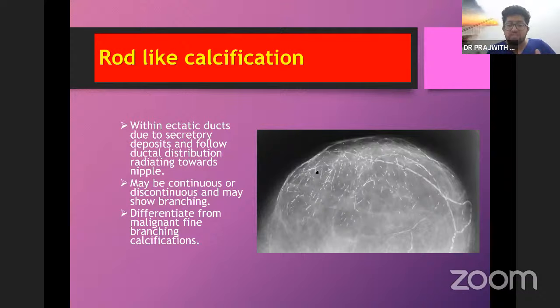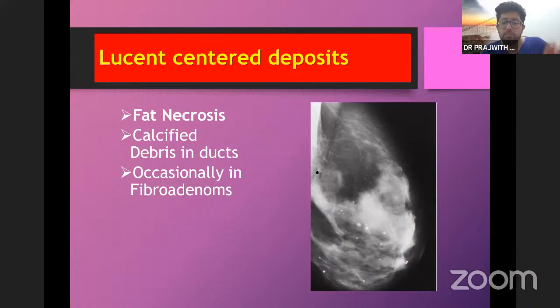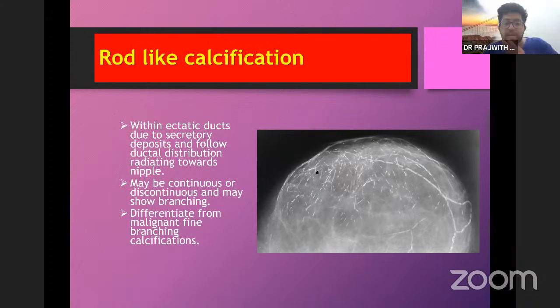Rod-like calcification, branching, is usually a benign lesion. But the same branching, if you see in tiny, fine calcifications, tiny dots which are branching, is suspicious of malignancy. Branching fine calcification has more features of malignancy. But rod-like calcification is benign.